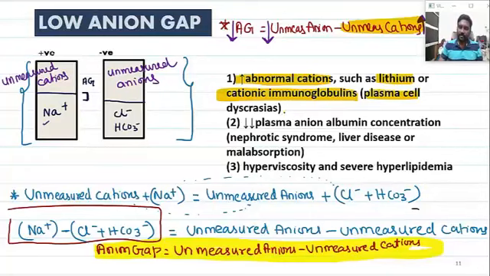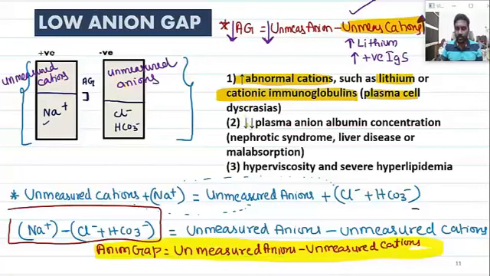So for an increase in unmeasured cations, there can be an increase in lithium in the body, or increased positive immunoglobulins. Now, what is the reason for decrease in unmeasured anions? The most important unmeasured anion is albumin. So, a decrease in albumin. You know that albumin has a negative charge. So, when will albumin decrease in the body?